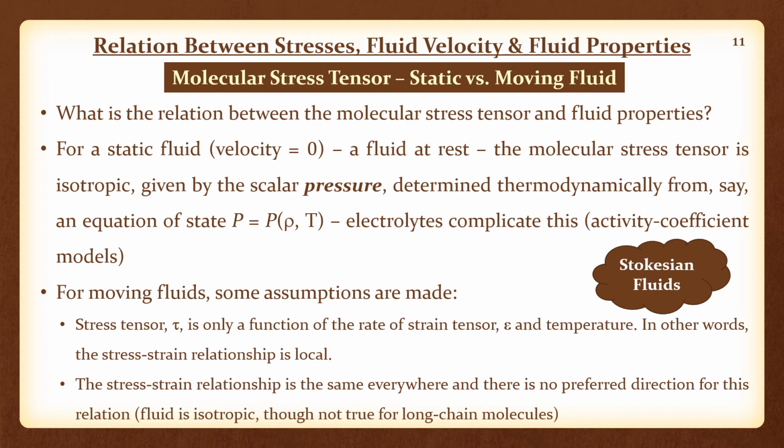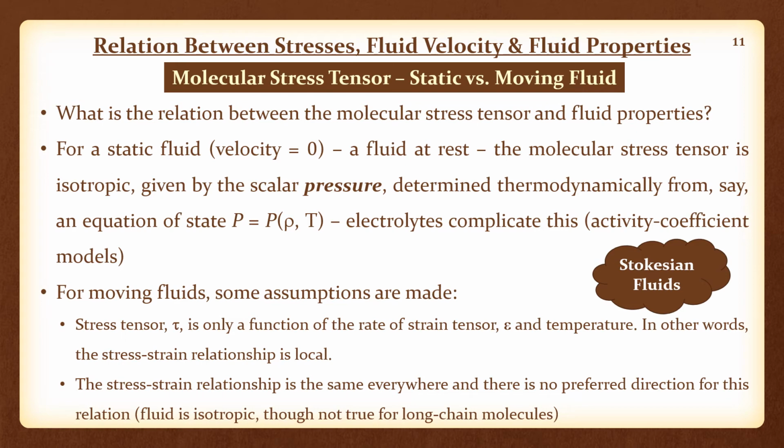If the fluid is at rest, then the velocity is zero, which means there is no velocity gradient, which means there is no driving force for any shear, and therefore all the shear components should vanish. All your tau xx, xy, xz, yx, yy, yz, all of them should vanish, which means the molecular stress tensor contains only the diagonal elements px, py, pz, and this pressure is isotropic.